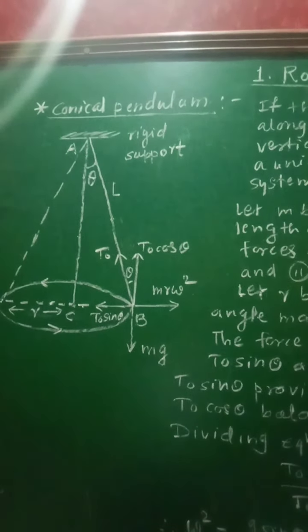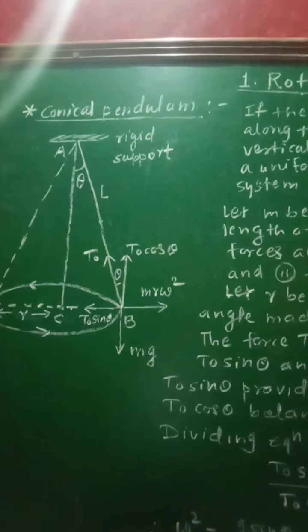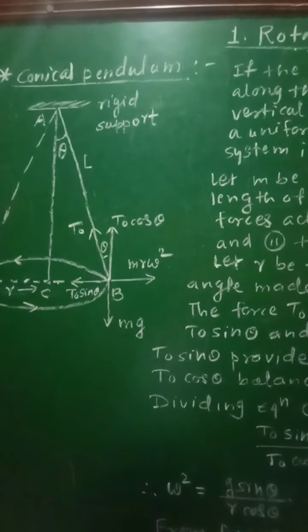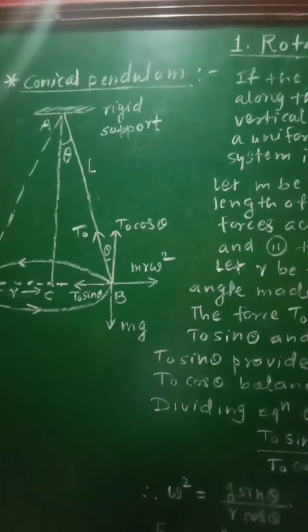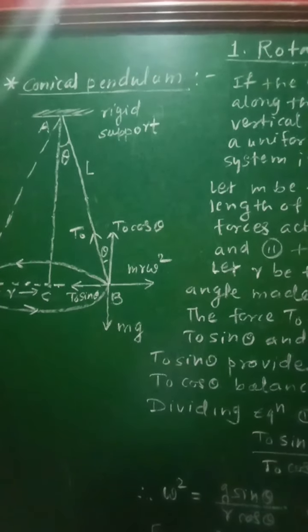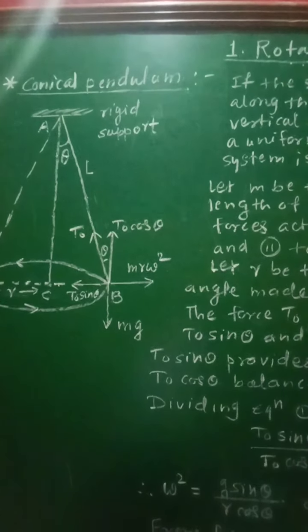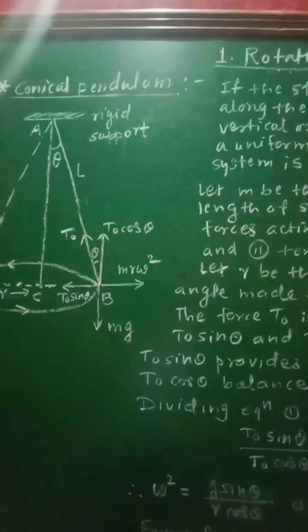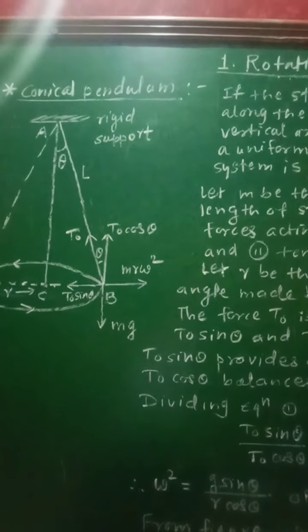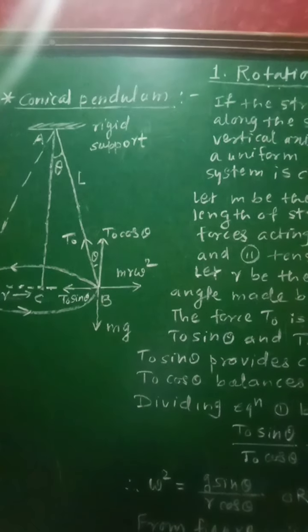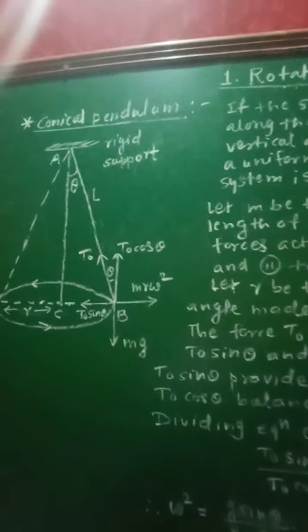connected to a long, flexible, massless and inextensible string and suspended to a rigid support is called as a pendulum. If the string oscillates in a single vertical plane, then the pendulum is called as simple pendulum.